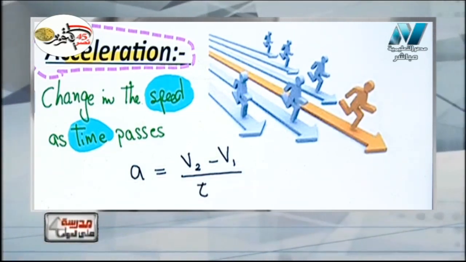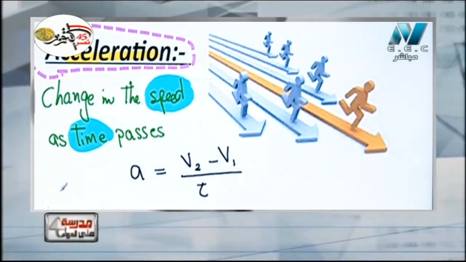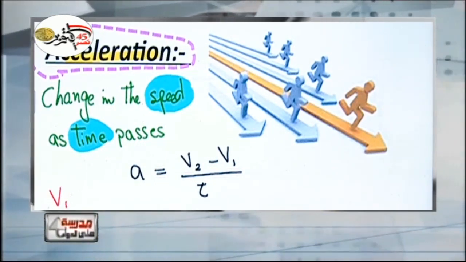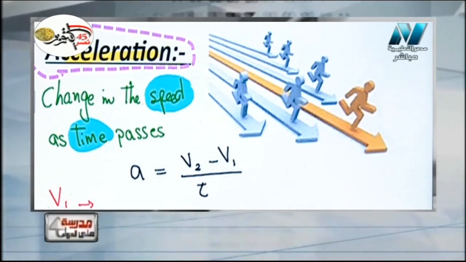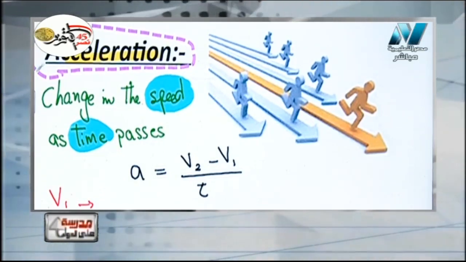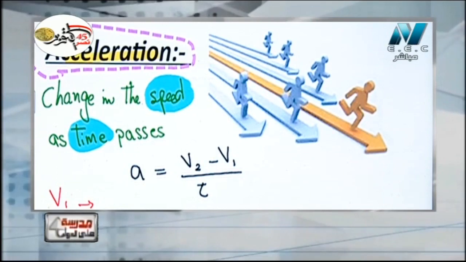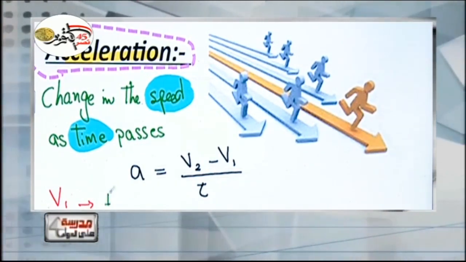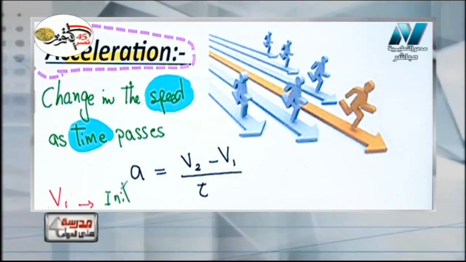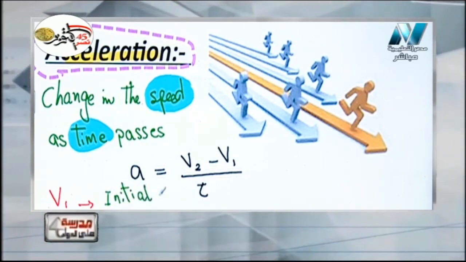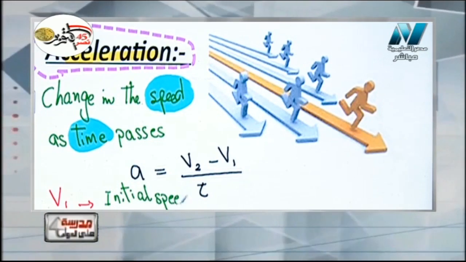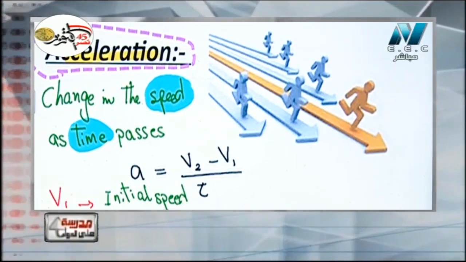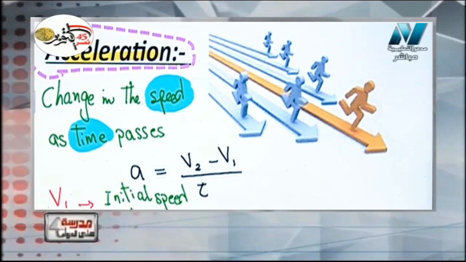What is meant by V1 and V2 in this mathematical law? Number one, V1 is the initial speed, السرعة اللي بدأ بيها. And V2 is the final speed.